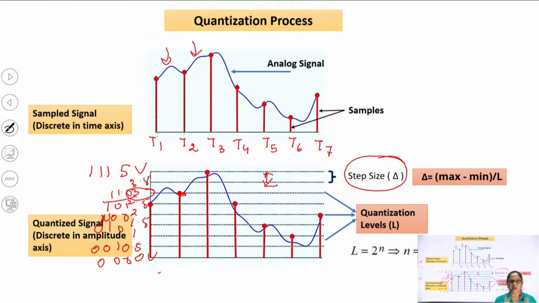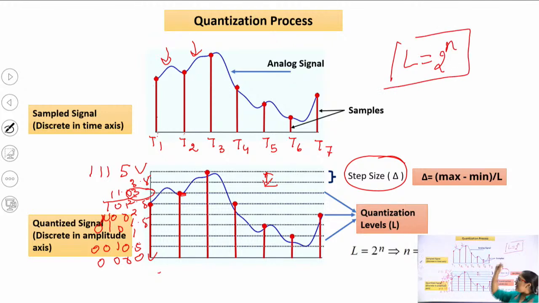For example, if I have only 1 bit, then there is a simple relationship between the number of levels and the number of bits. If the number of bits is 1, then the number of levels will be equal to 2.